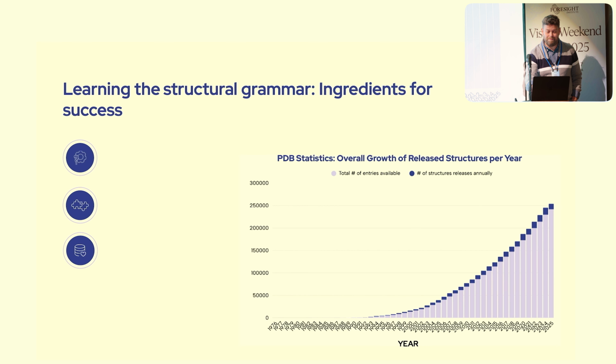Oh, wow. So learning the structural grammar involved a couple things. My text has not shown up on this, so I will walk you through it. Most of this came from a process with the Protein Data Bank over a period from the mid-'70s till currently, really.